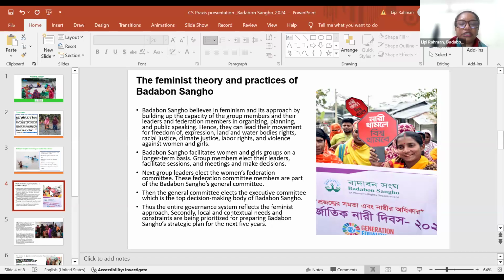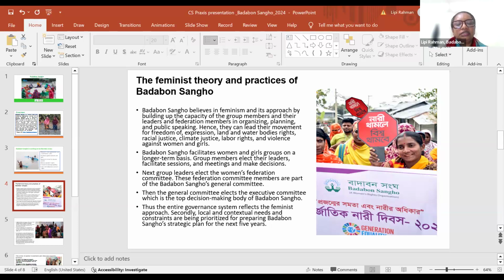The federation members are part of Badabon Sangho's General Committee. We have 21 members of the General Committee, and all are women. This General Committee also elects the Executive Committee, and thus the entire governance system works with a feminist approach.